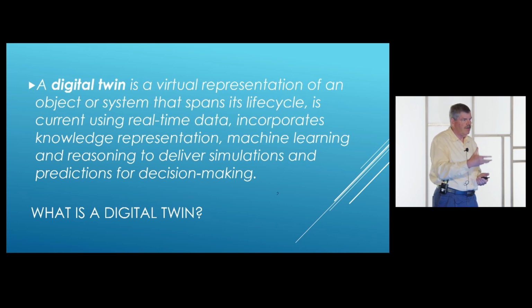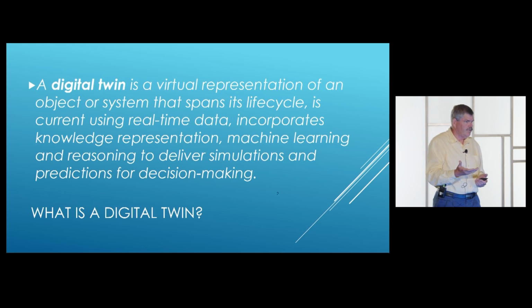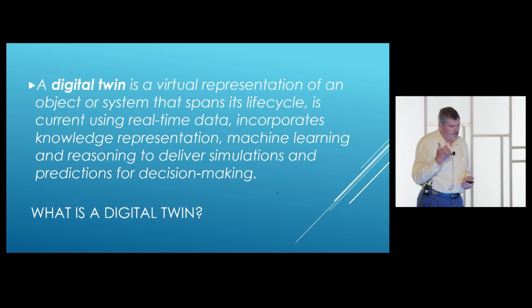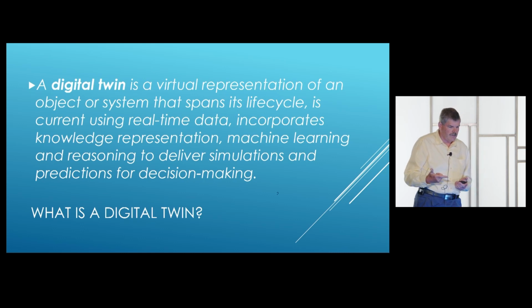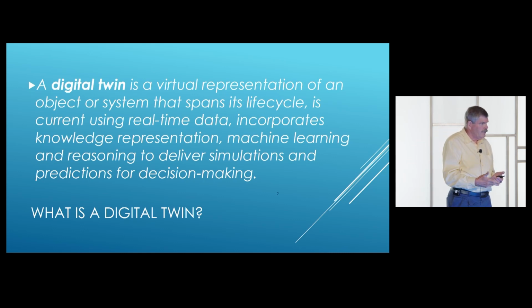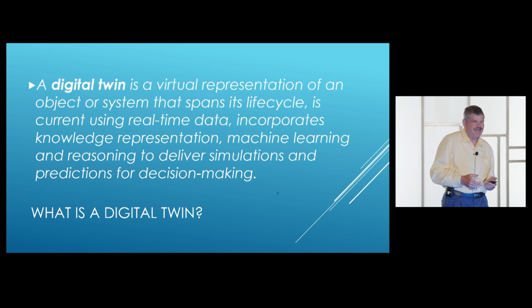All of those pieces are mocked up inside the model. It uses real-time data. It has computational agents resident within it that allow it to compute from the data sets in the digital twin. It includes reasoning, ontology, and, since we're at TMLS, it has to have machine learning in it as well.